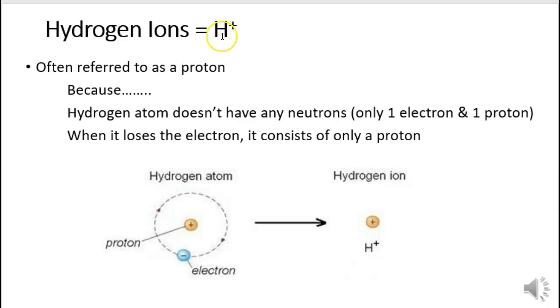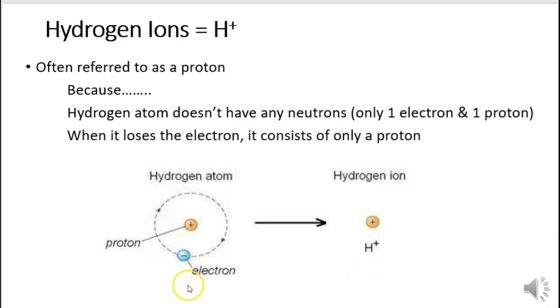So I'm going to review that a little bit. Here is a neutral hydrogen atom. What exists in a neutral hydrogen atom, which has an atomic number of 1 and an atomic mass of 1, is 1 proton in the nucleus. Since there's 1 proton, it has 1 electron. Balanced charge, neutral. No neutrons.